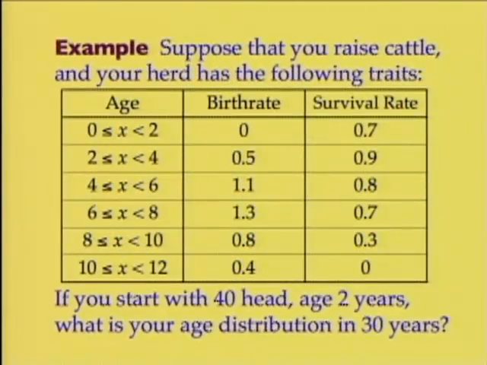Let's say that you're raising cattle and your herd of cattle, you've paid attention to the age distributions through the years, and you know the following facts about your group of cattle. You know their birth rates going from one age group to another. In other words, cattle of this age do not actually have any cows of their own, but then when they get up about, they'll grow at a rate of 50%.